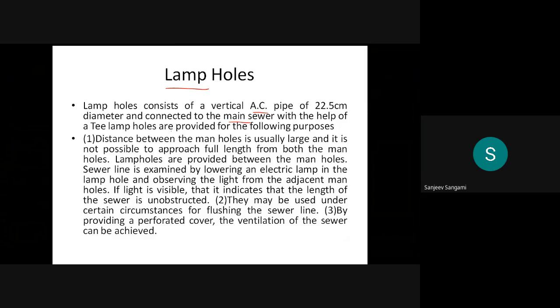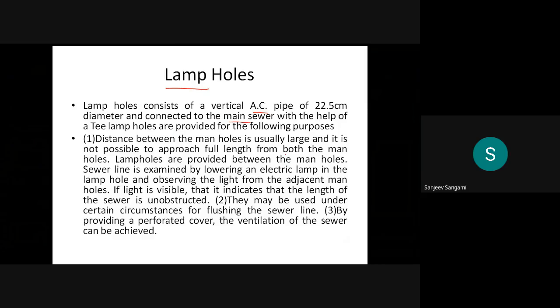Lamp holes are provided for the following purposes. One is that the distance between the manholes is usually large and it is not possible to approach the full length from both of the manholes.